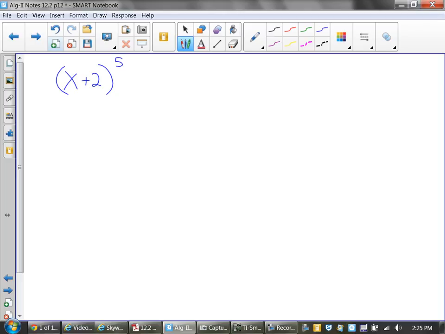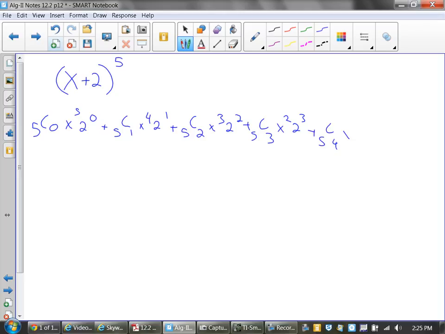So 5 choose 0, x to the 5th, 2 to the 0. 5 choose 1, x to the 4th, 2 to the 1st. 5 choose 2, x to the 3rd, 2 squared. 5 choose 3, x squared, 2 cubed, plus 5 choose 4, x.